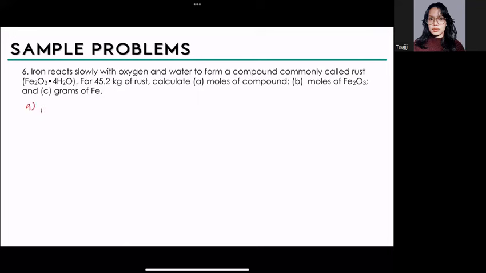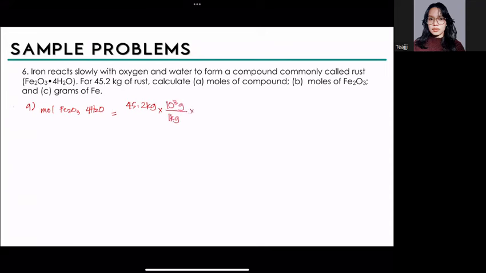Doon tayo sa given. Given natin is 45.2 kilograms. Now, our molar mass is usually in grams per mole. And although we can convert that into kilograms per mole, mas madali ata kung yung kilograms you convert natin into 1,000 grams.